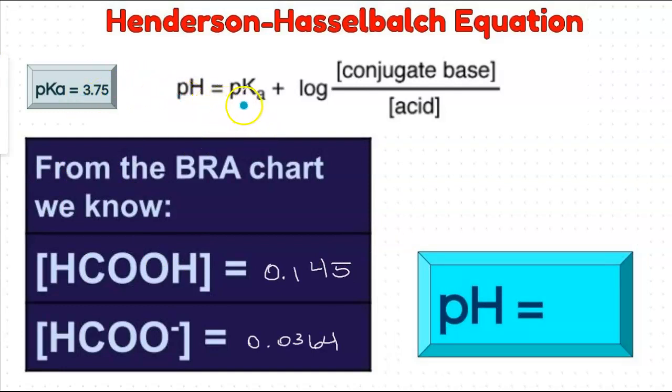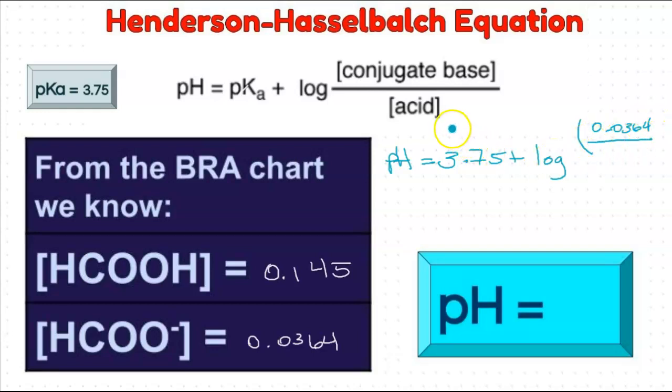Our pH is equal to the pKa plus the log of the conjugate base over the acid. So for our calculation, pH is going to be the pKa of my acid, 3.75, plus the log of my anion, 0.0364 molarity, over the acid concentration of 0.145.